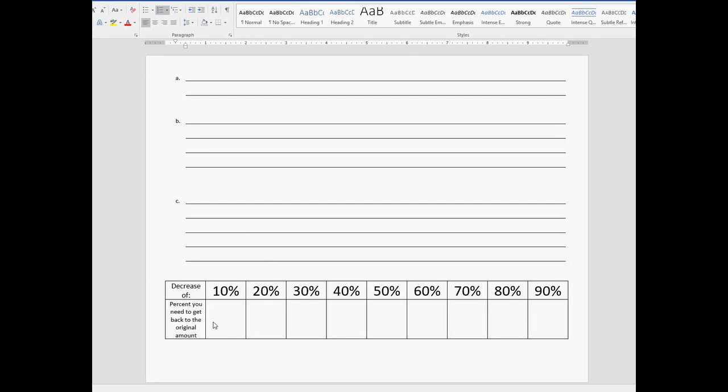And then you should have solved to figure out how much you would need to increase to get back to the original amount. Together, we already figured out that this was 11%. So that's what you would fill in this box here in order to show that you figured out. If you decrease the price by 10%, you need then to increase it by 11% to get back where you started.